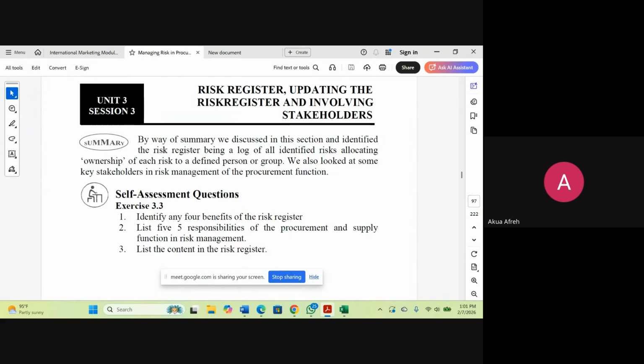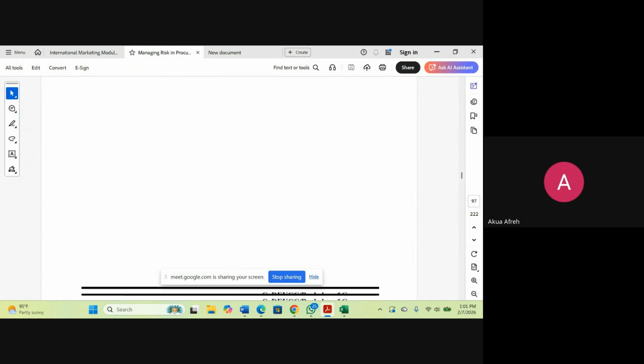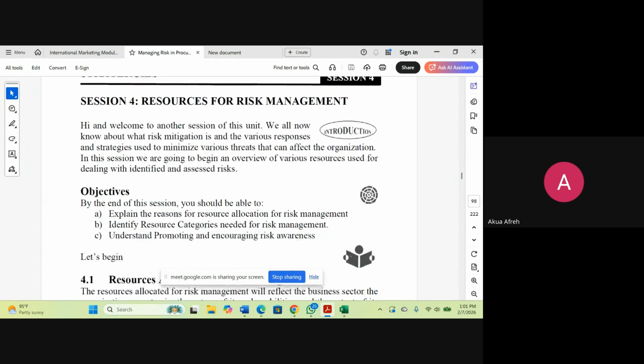So if this communication is done, it strengthens our relationship and problems are solved very fast. Yes, so this is why we need to involve our stakeholders in risk management.